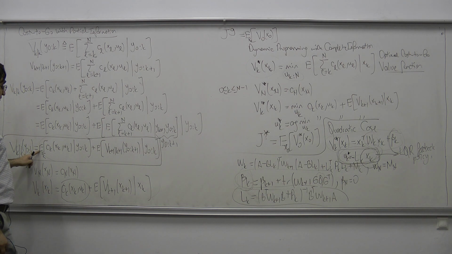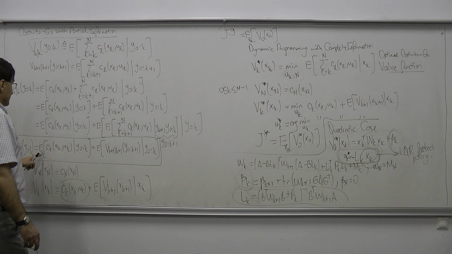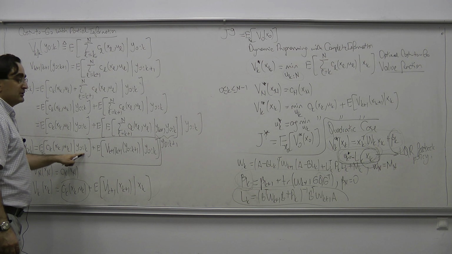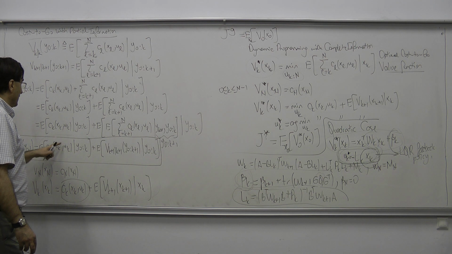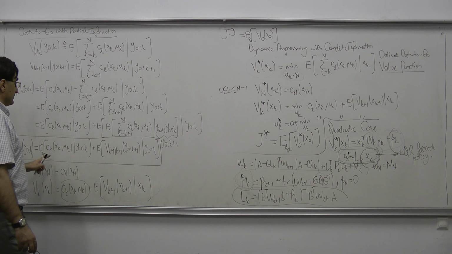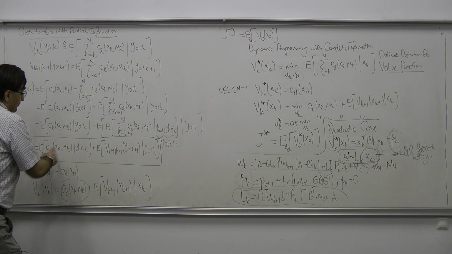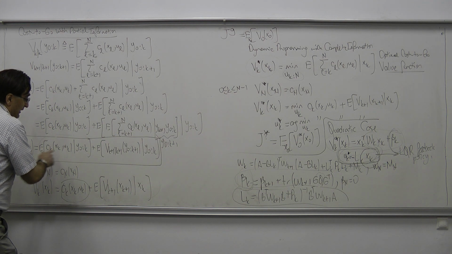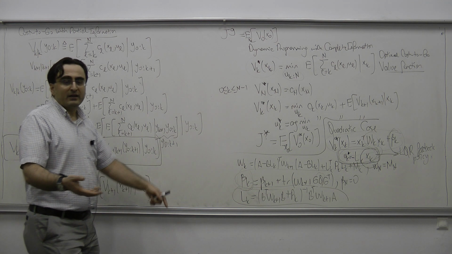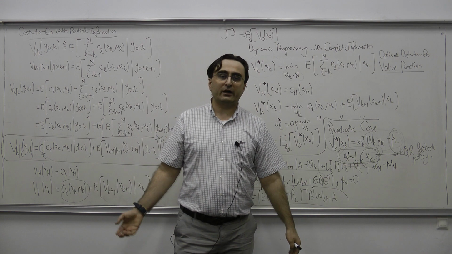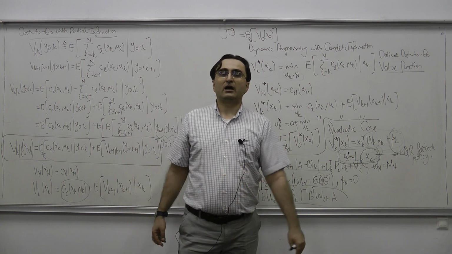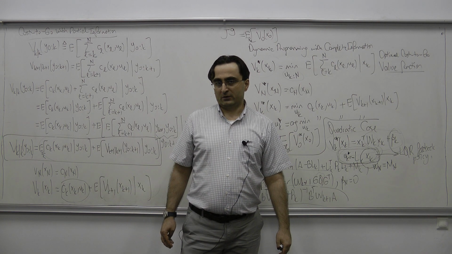So this first expectation is with respect to xk only, given y0k. I'm going to take the expectation of this quantity, thinking of uk as a deterministic constant, with respect to the density of xk given y0k. But the density of xk given y0k is provided to us as a Gaussian from the Kalman filter.